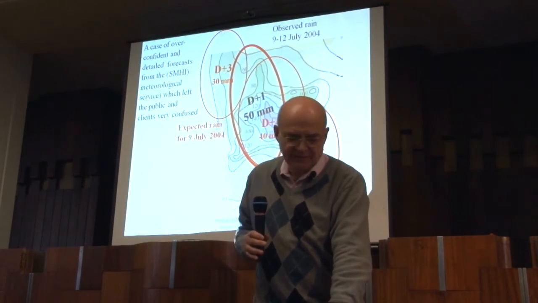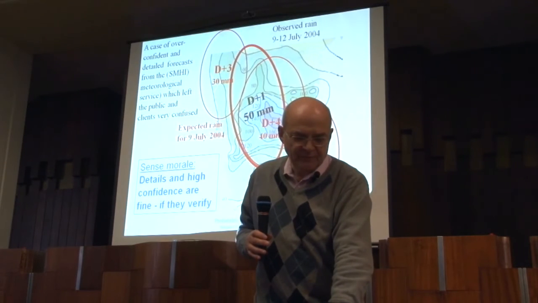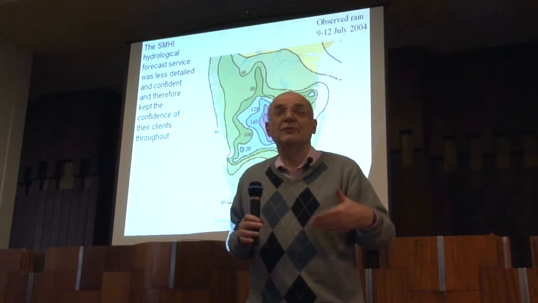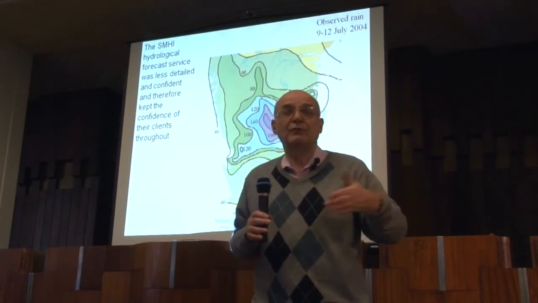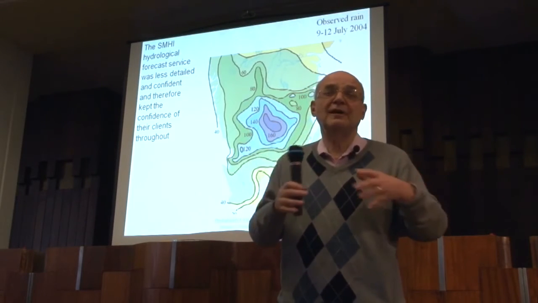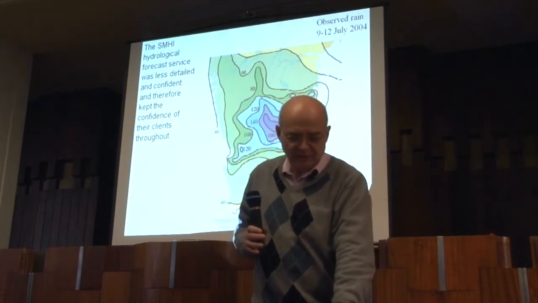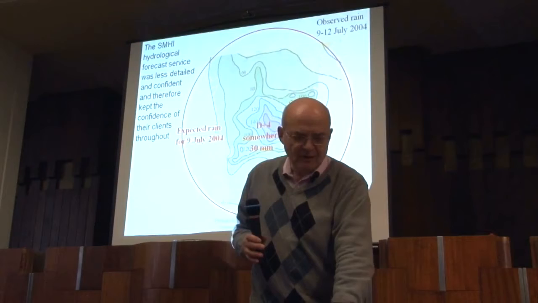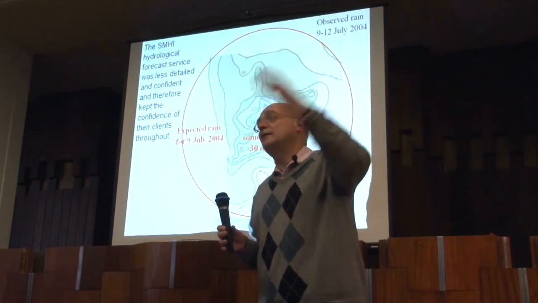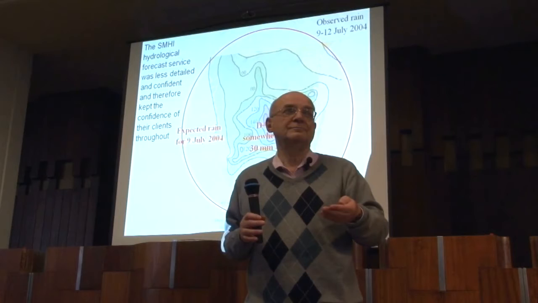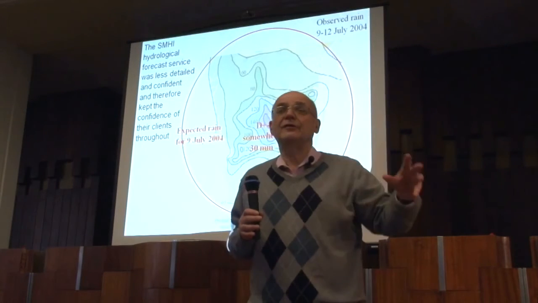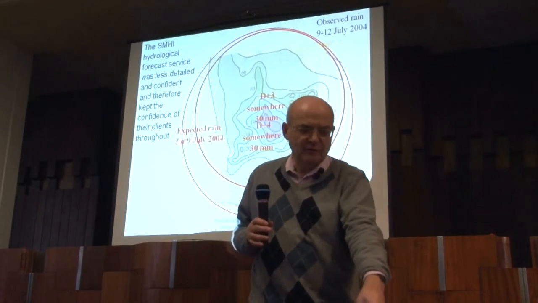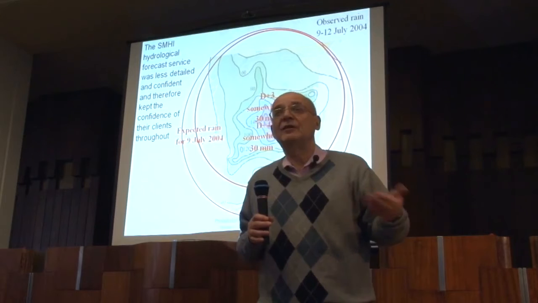The hydrologists at SMHI did something different. They also had started a weather service, before the nice weather service they have now, and they relied on maps from the European Centre, so they had some idea about probabilities. But what they did was this. Four days ahead, they said somewhere in southern Sweden there will be heavy rain, so all the agencies were put on some sort of alert. Next day they more or less repeated it, excluding the extreme south, that in three days' time there will be heavy rain somewhere.